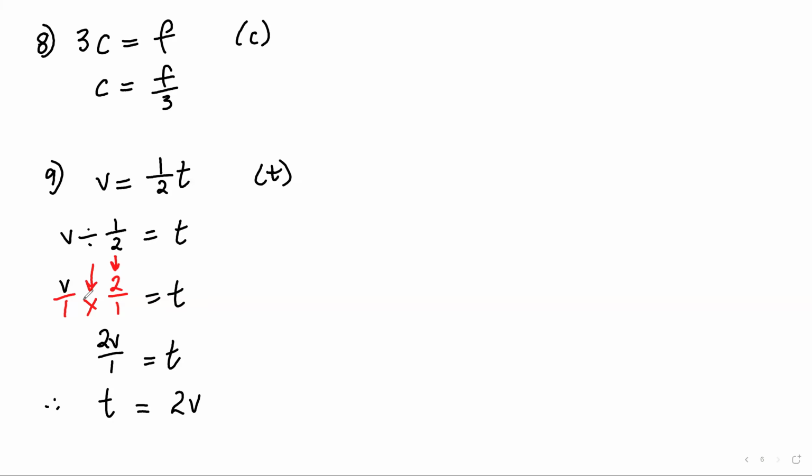So another way that people think about removing a coefficient that is a fraction is multiplying by the reciprocal. Dividing by a fraction is the same as multiplying by its reciprocal. For example, if I had 2/3 x is equal to y, and I want to make x the subject, then I would have to divide by 2/3. So I'll say y divided by 2/3.